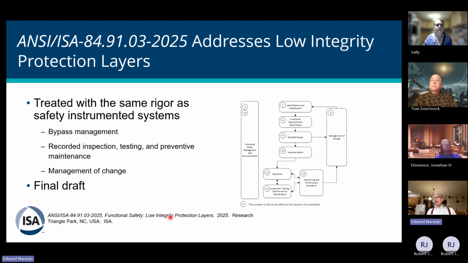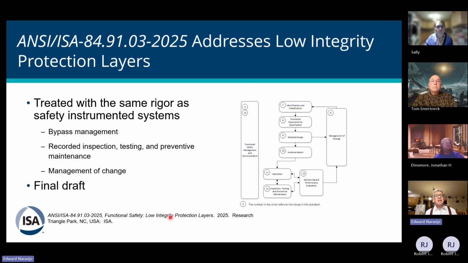So what are some of the examples? Well, setups with pumps and flow meters, relays, and sensors are some of the examples. Okay, anytime that you use a safety interlock for a valve, that could be considered a LIPL.